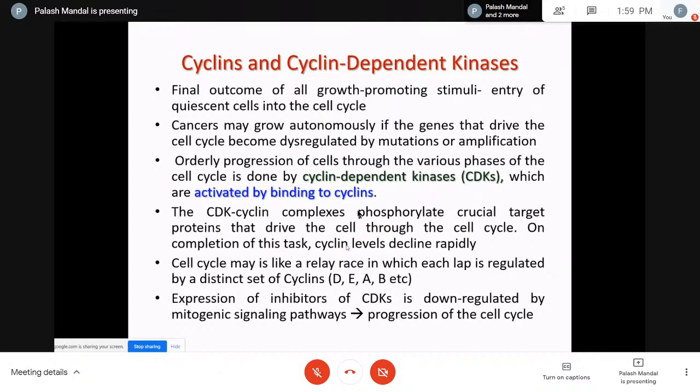Now what happens? Once the cell cycle progresses, the CDKs are again deactivated, and the cyclin levels are rapidly reduced. They decline. A cell cycle is like a relay race. Why is it a relay race?